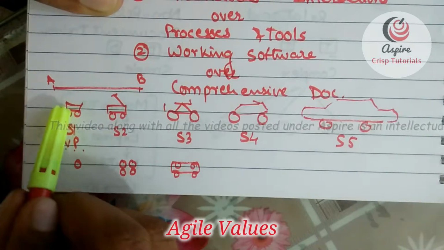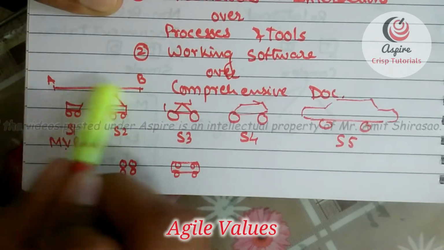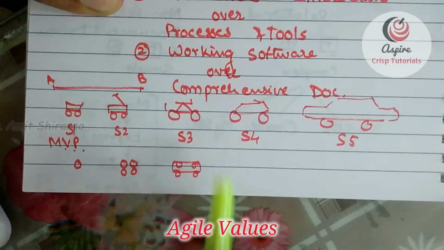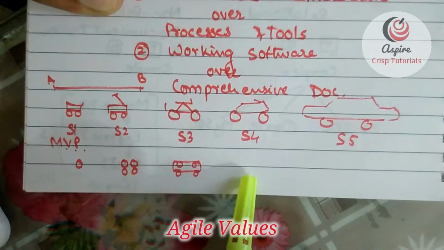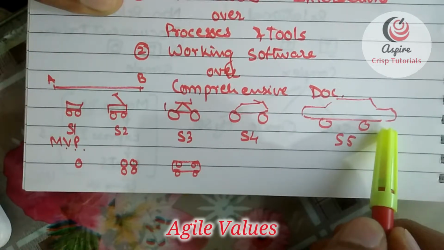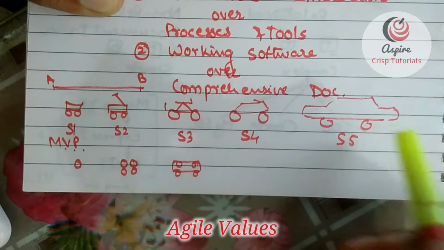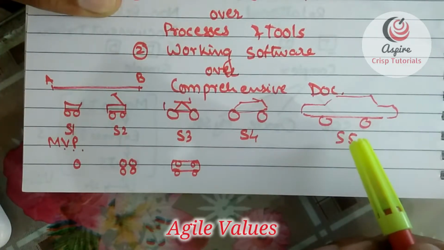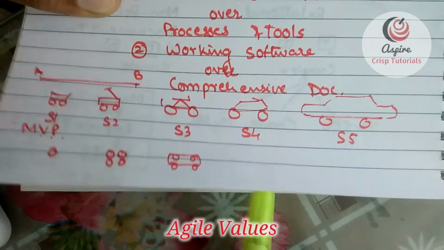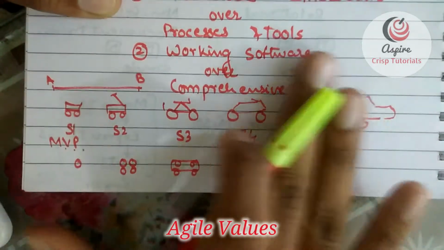But finally, the basic purpose got solved within the first sprint itself. And there's also a concept that, suppose in sprint 4 itself, the client decides that the amount of effort required to convert it into a car is much more than the value that I'm getting out of that product in the market. So he might just stop it there itself. He might say, okay, now let's not do that.